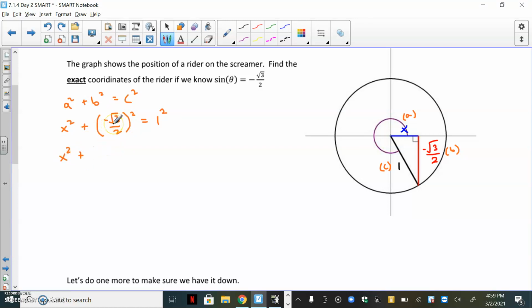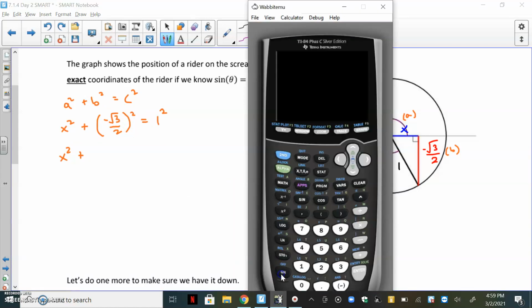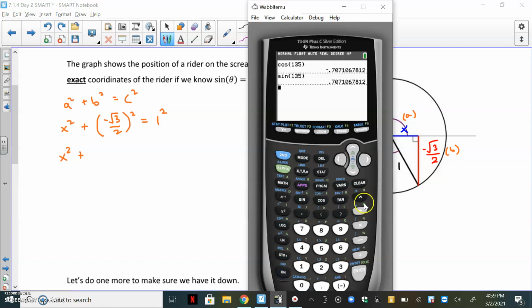To square this, I do want you guys to keep things as fractions. If you need your calculator to square this, that's okay, but just watch how I do it so that you are able to keep things as a fraction. Anytime you're trying to square a fraction, that's the same as squaring the top on its own and squaring the bottom on its own. So that's how I would square negative square root of 3.